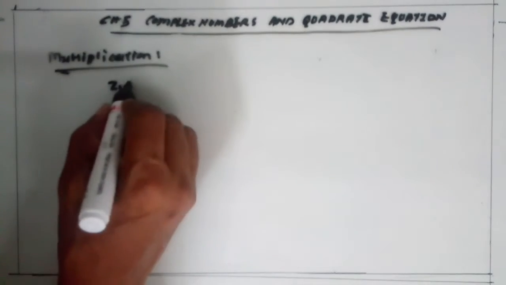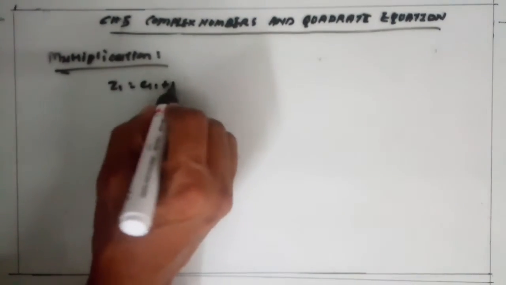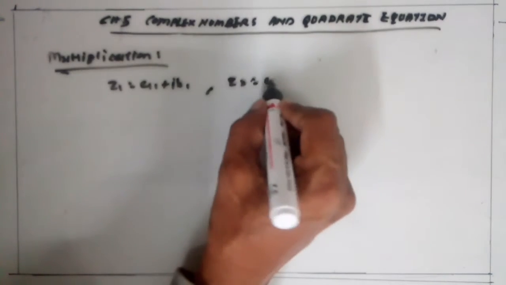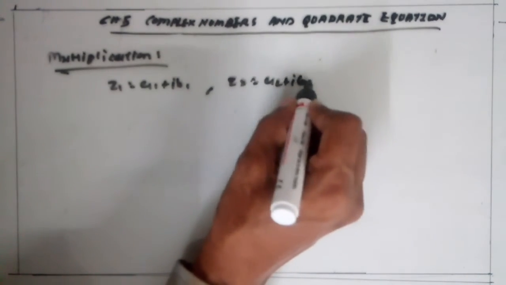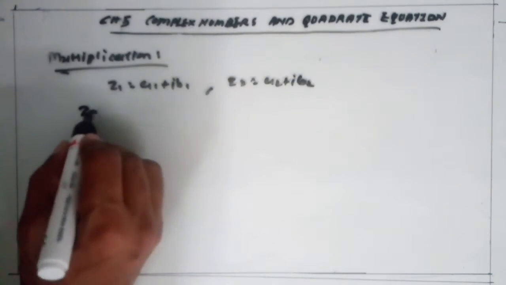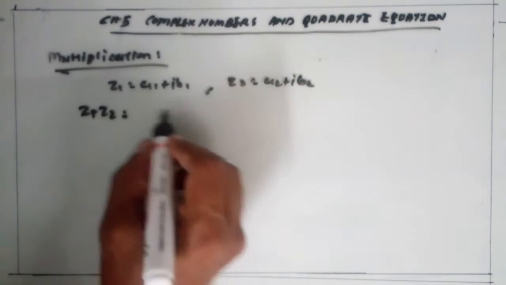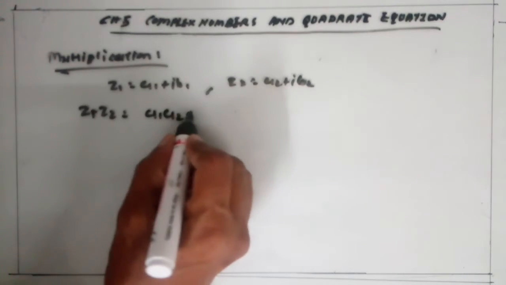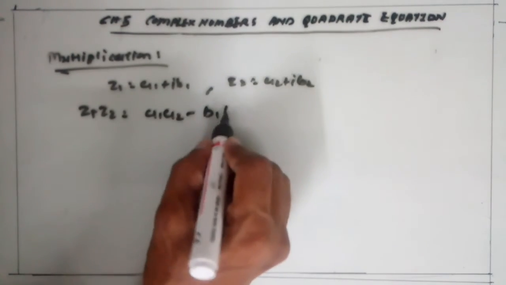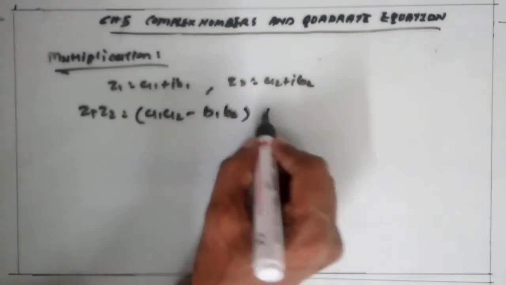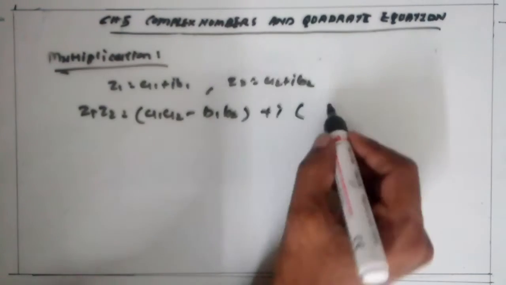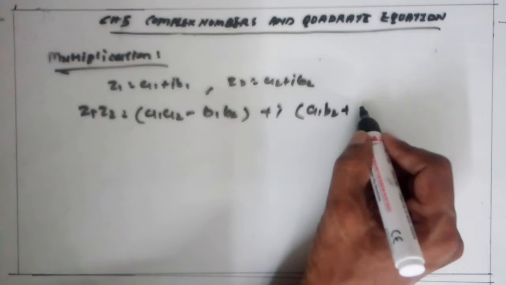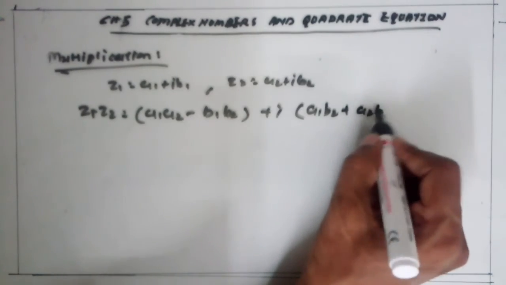For complex numbers z1 = a1 + ib1 and z2 = a2 + ib2, z1 into z2 is equal to, remember this, (a1a2 - b1b2) + i(a1b2 + a2b1).